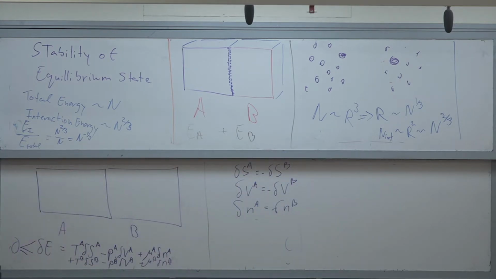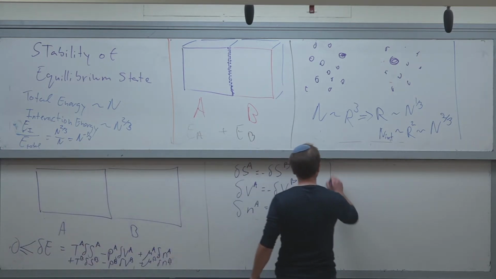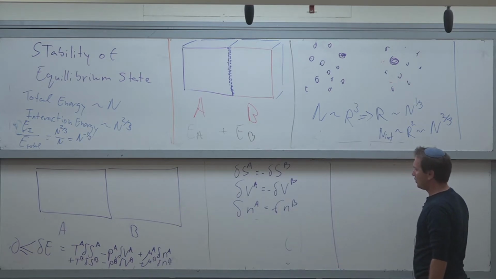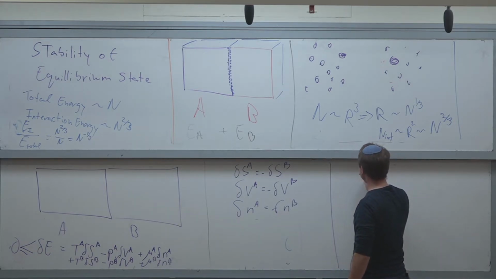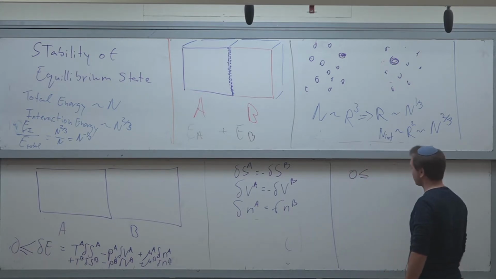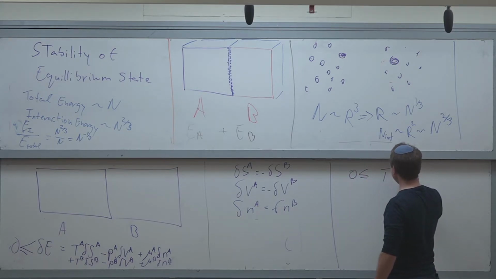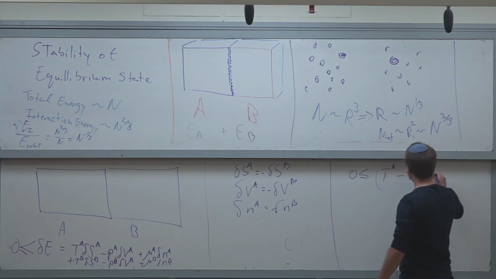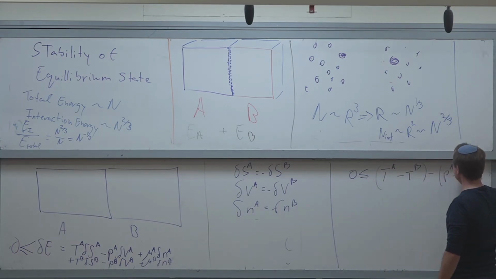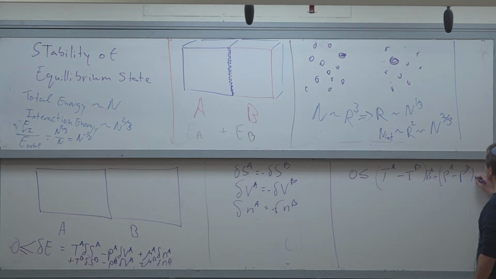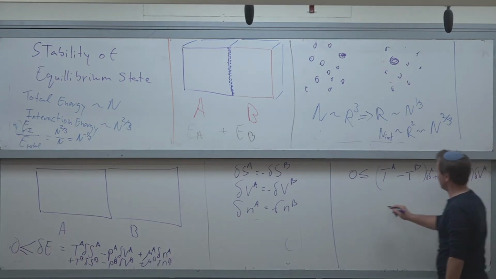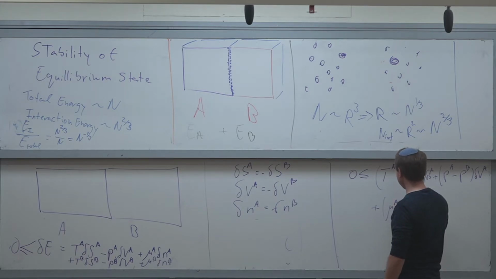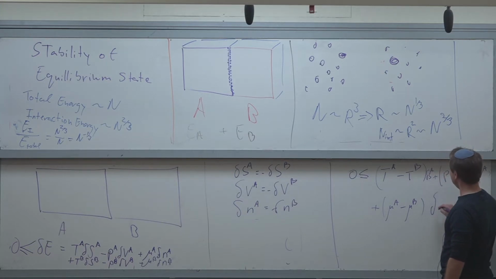The moment I have it, I'm looking at the following: I have something that is greater than 0, and I have here (T_A minus T_B) multiplied by delta S_A, plus (P_A minus P_B) multiplied by delta V_A, plus (mu_A minus mu_B) multiplied by delta N_A.